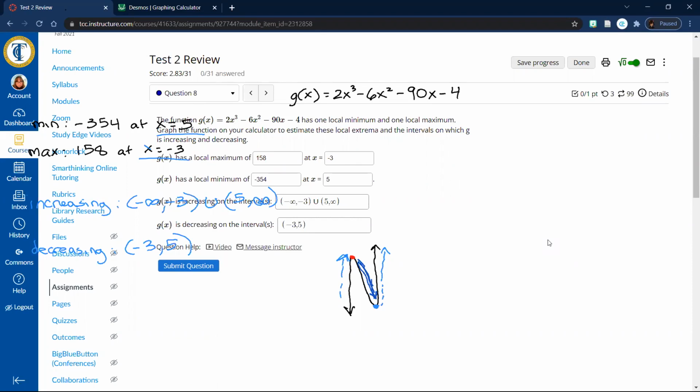But the other thing is that if you have a graphing calculator, you can actually find a maximum or minimum on your graphing calculator. So the buttons that you'd press is you do the y equals button, and you would type in your function.